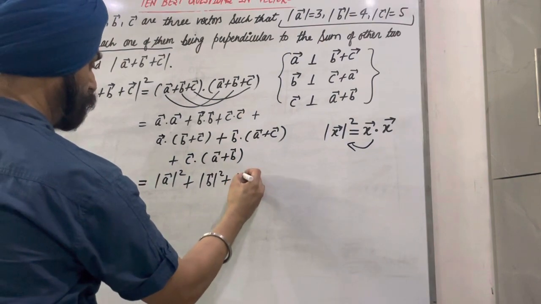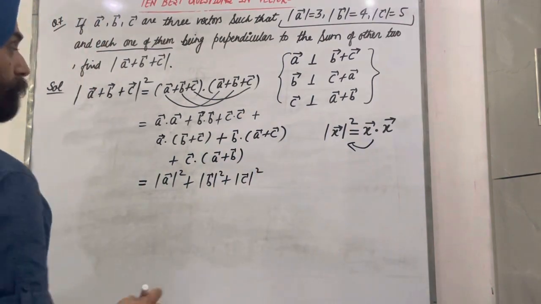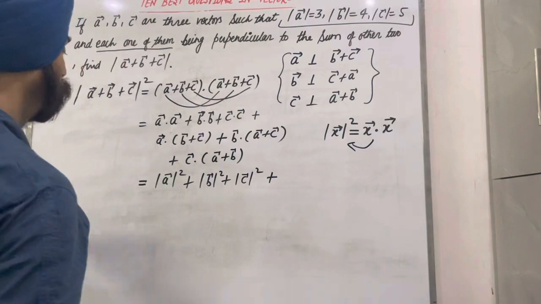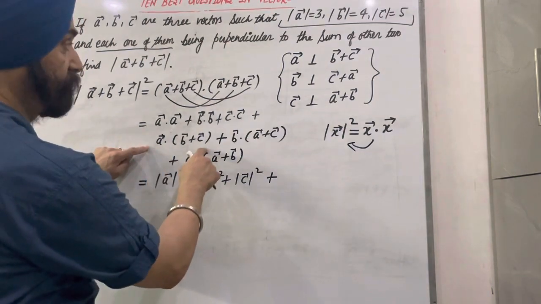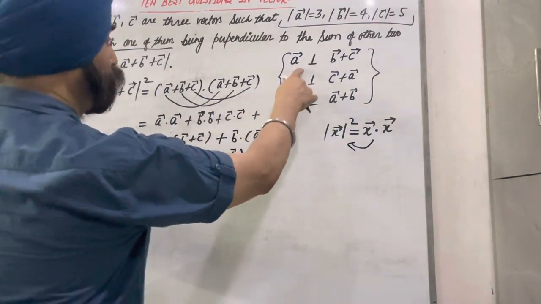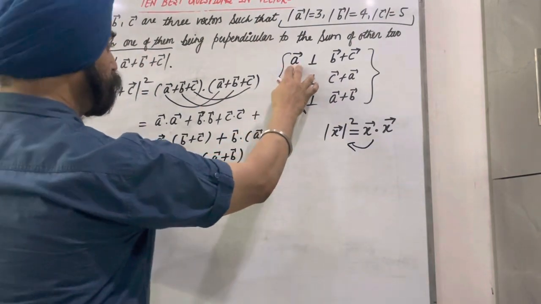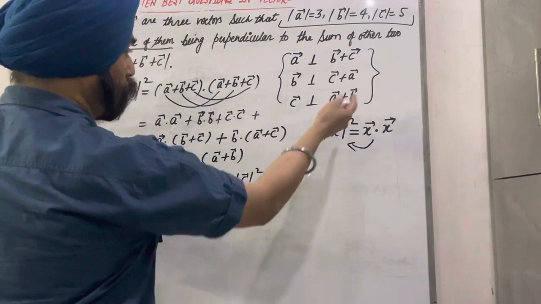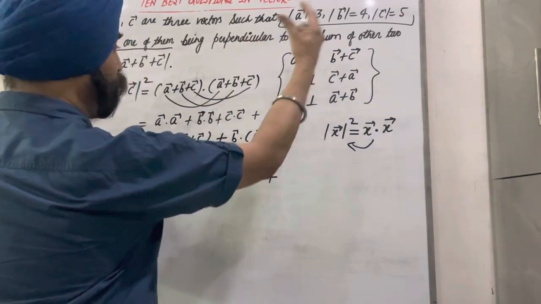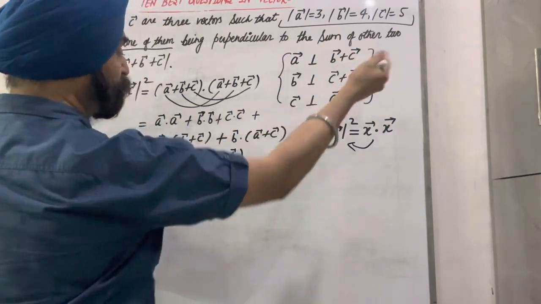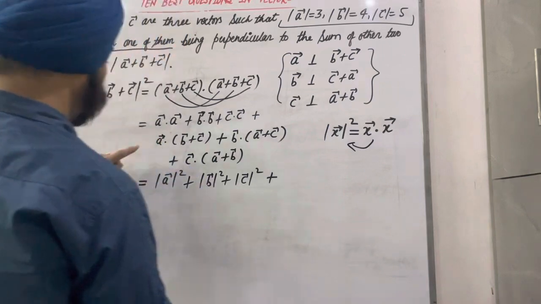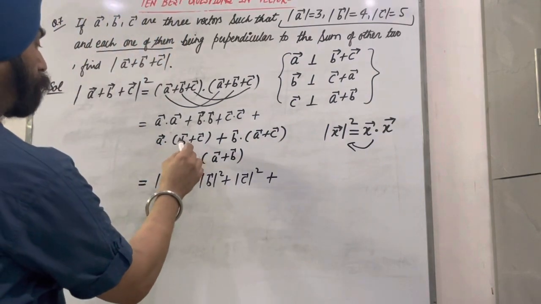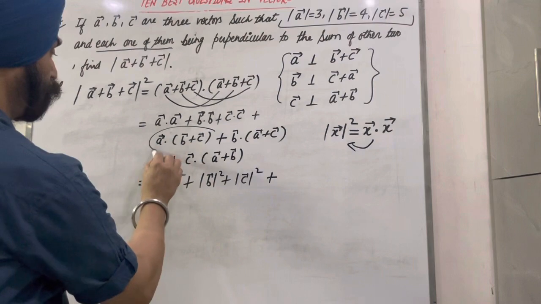For C dot C, I'll be writing magnitude of vector C whole square, plus A dot B plus C. Now, in the question, it is given that vector A is perpendicular to vector B plus vector C. If this is so, the dot product of A with vector B plus vector C is equal to 0. That means vector A dot vector B plus vector C, this term will vanish.